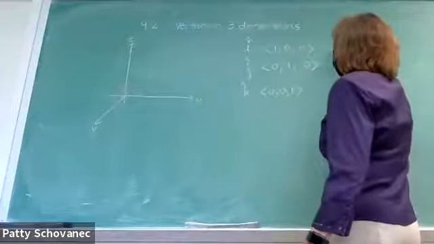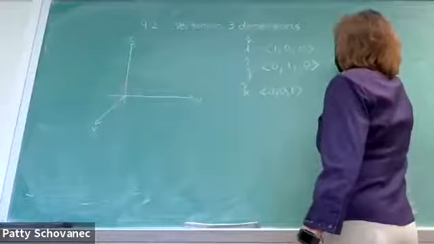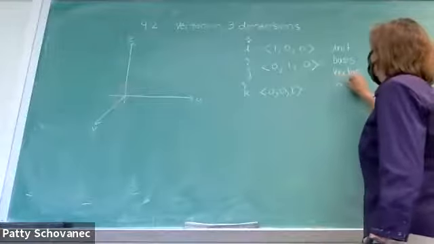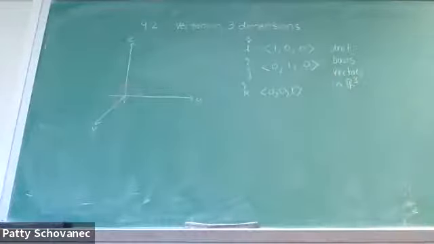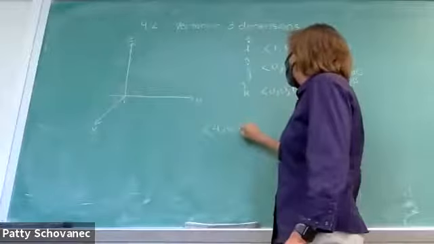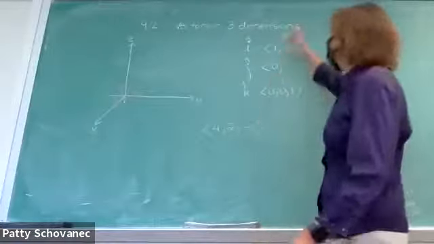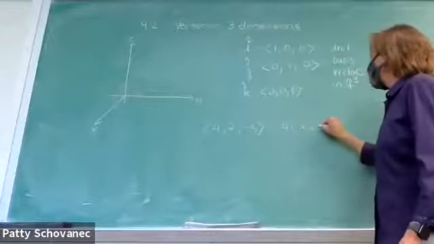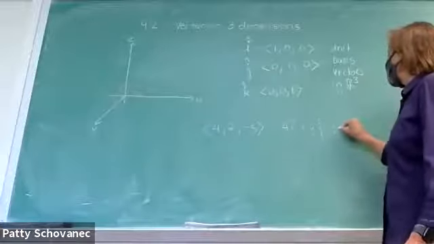So these are called the unit basis vectors in R3. You'll learn in linear algebra that a basis for a space is like the building blocks. All vectors in the space can be written as some linear combination of those. So if I have the vector 4, 2, -5, in terms of the basis vectors, I can write that as 4 times i plus 2 times j minus 5 times k.